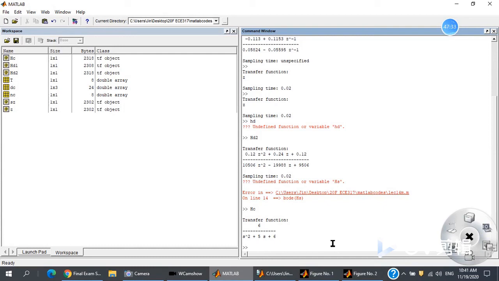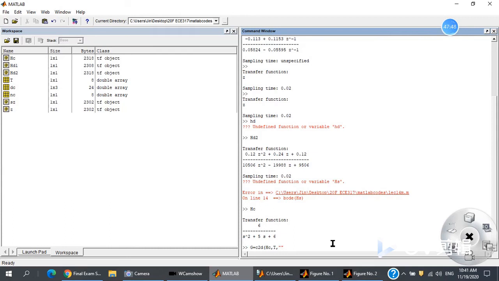We can use that one. I say G equals C2D. This is a built-in function of MATLAB. You give it HC, the given continuous time system, and give the time T, and then you can give the method.